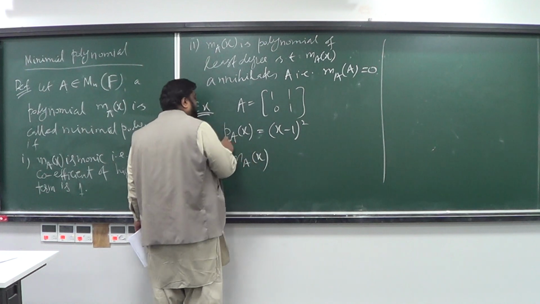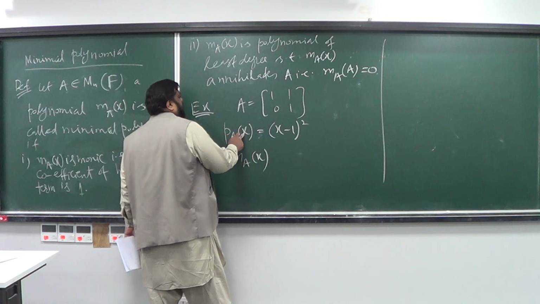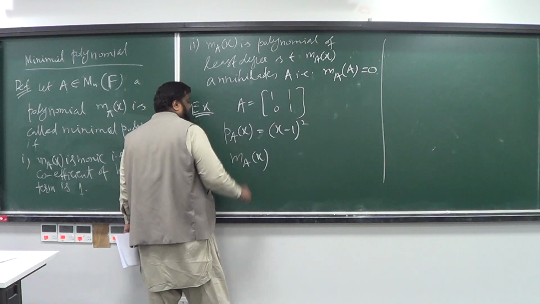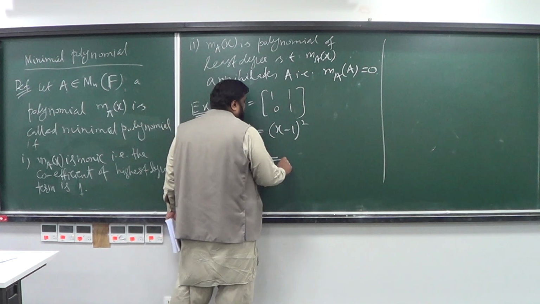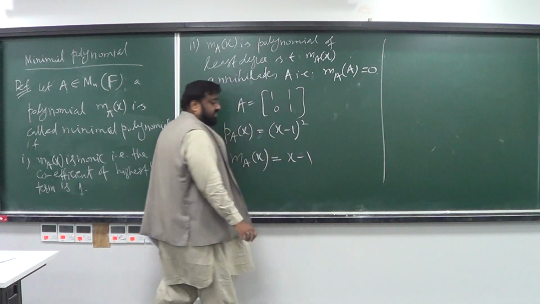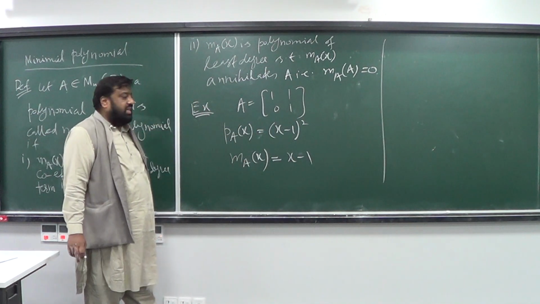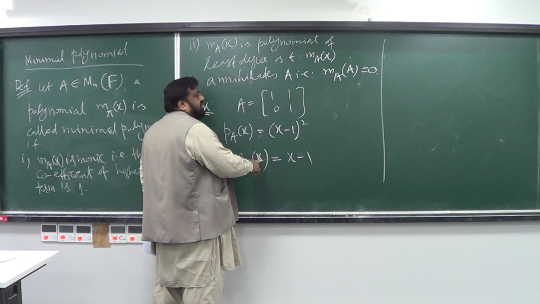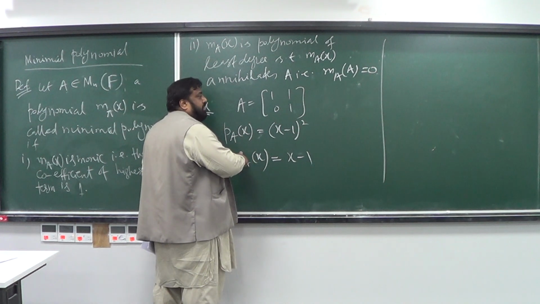I know that if I substitute A into the characteristic polynomial, it is going to be 0. But if you take the polynomial x minus 1, then it is a minimal polynomial.